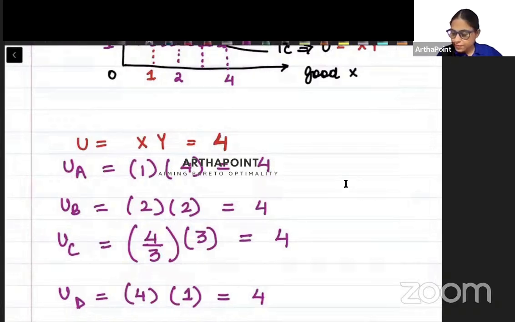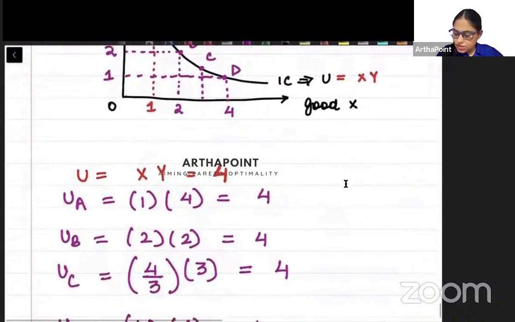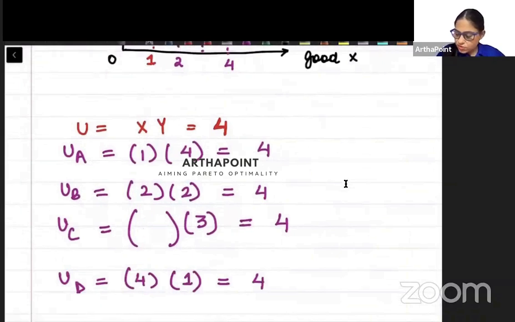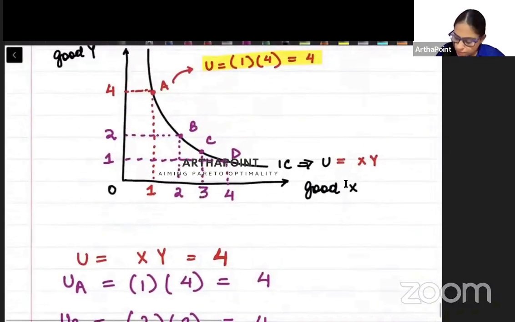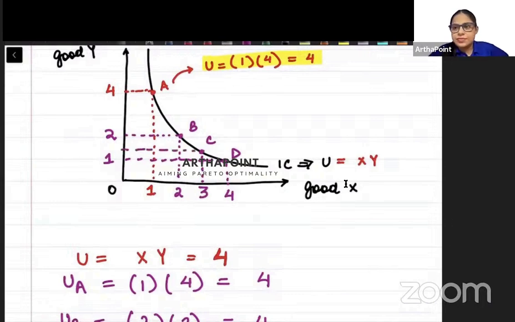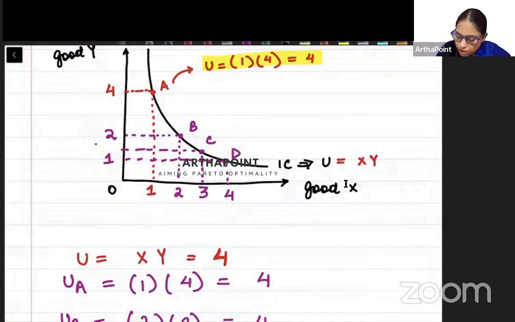Clear है बात को? या रिवर्स इट, x इज 3, y इज 4 by 3, utility is 4. तो ये हो गया 3 and here I have 4 by 3. ठीक है. So what is 4 divided by 3 बेटा? 1.33333 है ना. या तो उसको 4 by 3 ही लिख लो या 1.33 लिख लो. क्लियर?